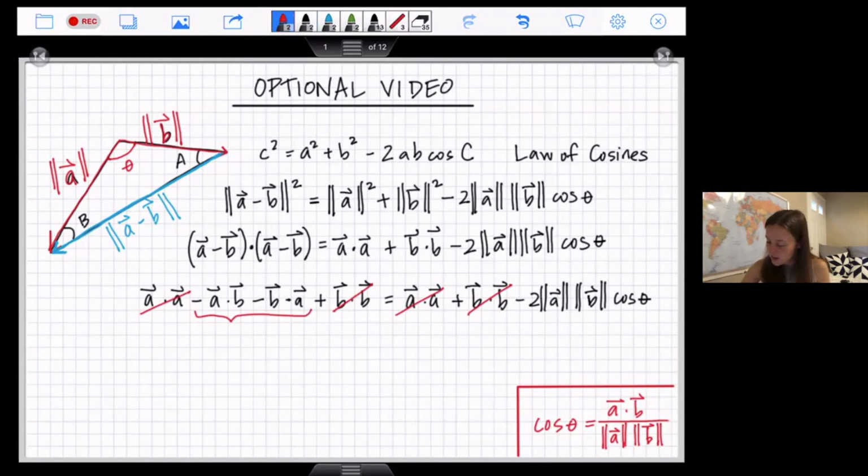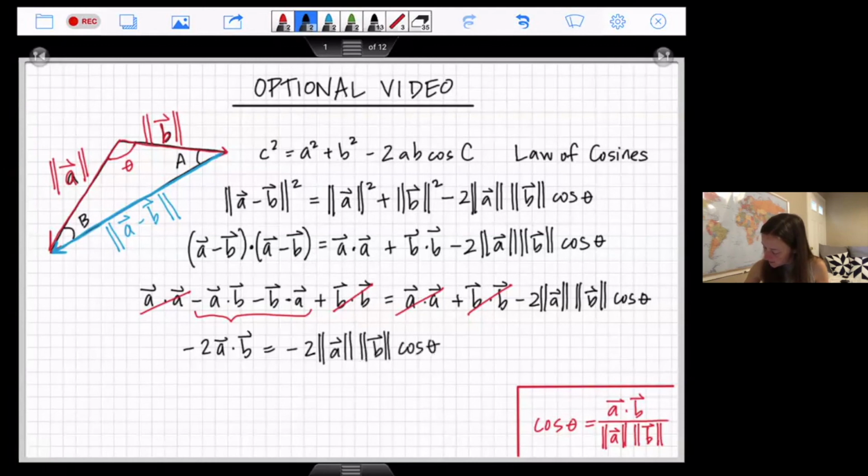So I'm going to write those as negative 2 A dot B. And that's actually all that's left over on the left-hand side. And on the right-hand side, all I have left is a negative 2 magnitude of A, magnitude of B, cosine theta.